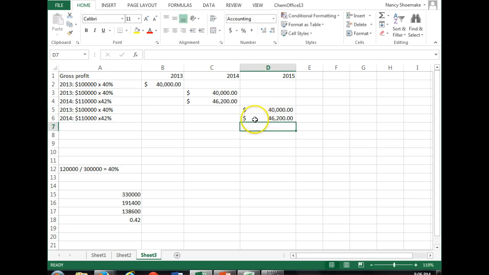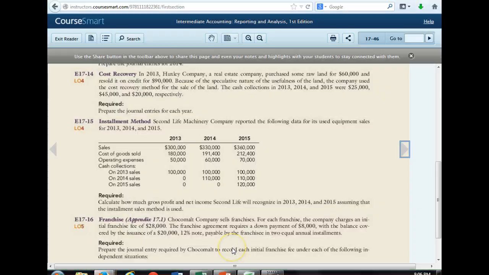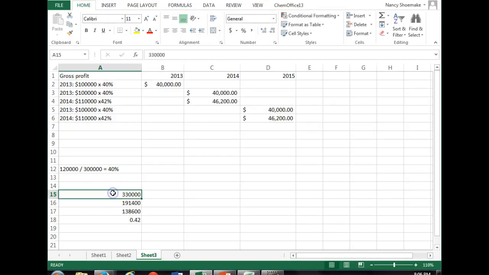Did we have an installment sale in 2015? So we have here an installment sale, sales of 360, cost of goods 212.4. The 360 minus the 212.4, is that a 41% margin?